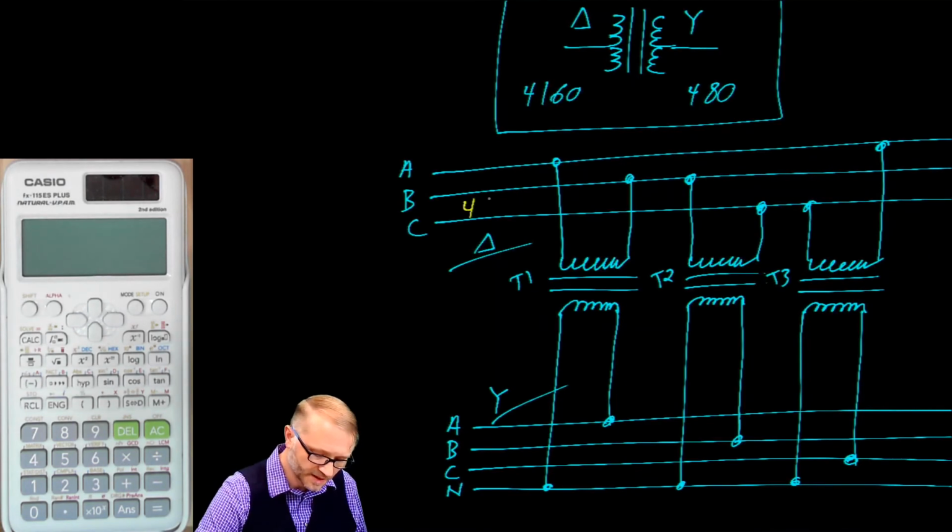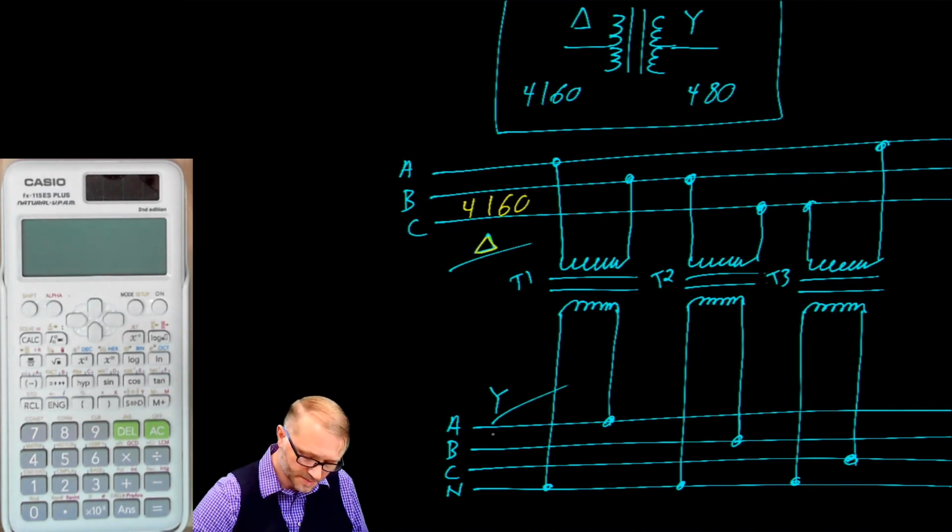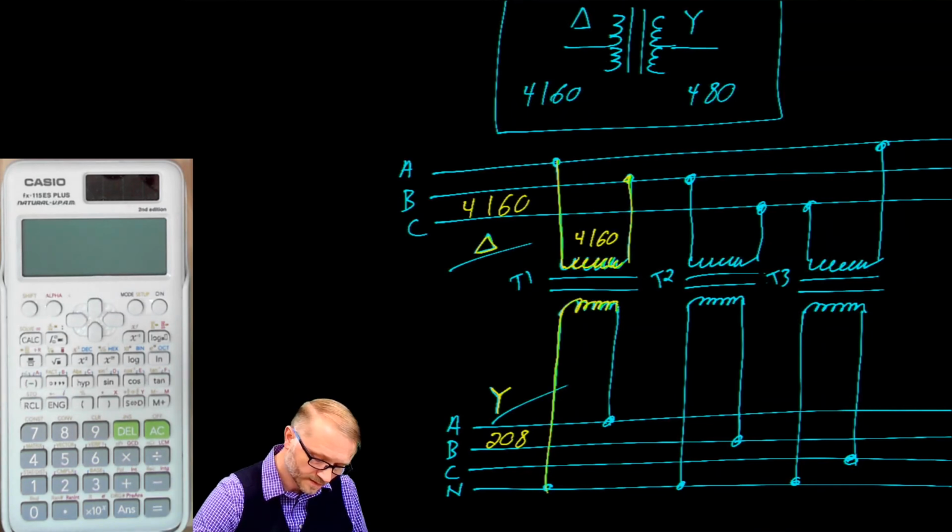If we let this be 4160 delta, and we let this be a 208Y, we can see that this primary of T1 is connected line to line. So that means there's 4160 volts on the primary. On the secondary, it is not connected line to line, rather it's connected line to neutral.